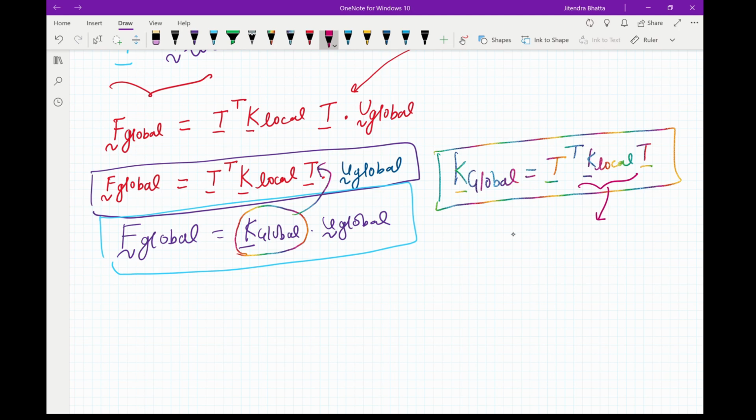Now this one may be for a bar element and beam element.